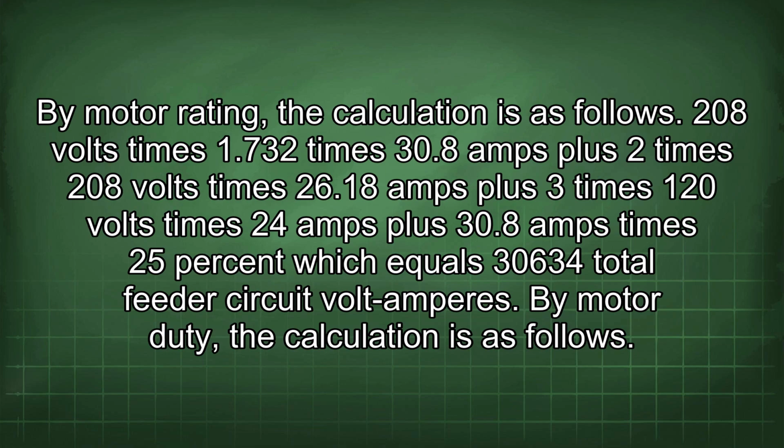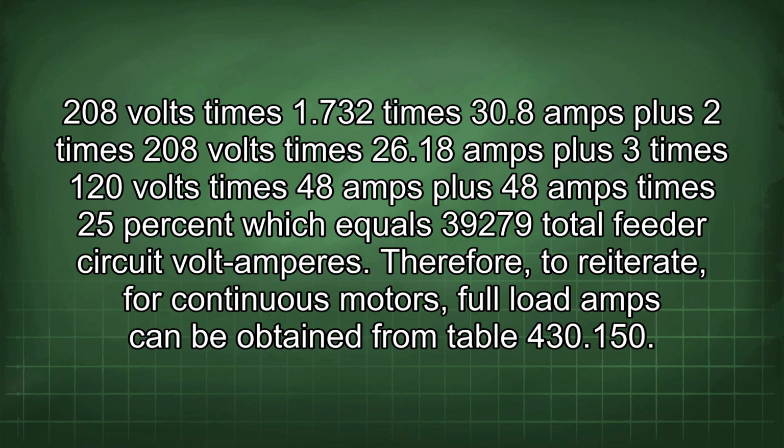By motor duty, the calculation is as follows. 208 volts times 1.732 times 30.8 amps plus 2 times 208 volts times 26.18 amps plus 3 times 120 volts times 48 amps plus 48 amps times 25%, which equals 39,279 total feeder circuit volt amperes.